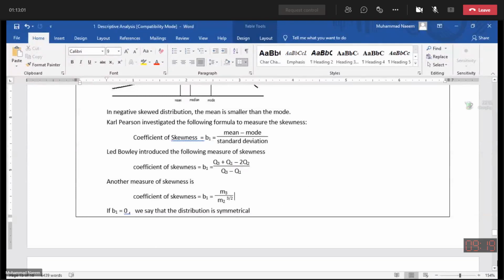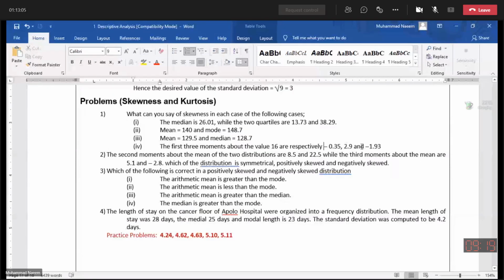So first of all, no need to calculate all other moments. Just calculate the third moment about mean using the relation. Then decide whether the distribution is positively skewed or negatively skewed.